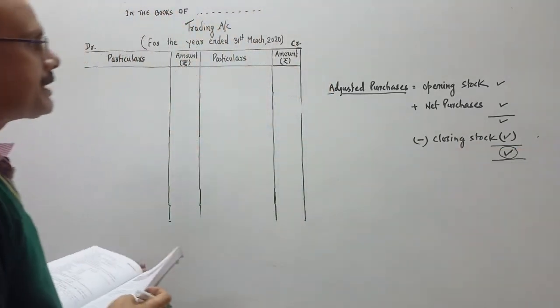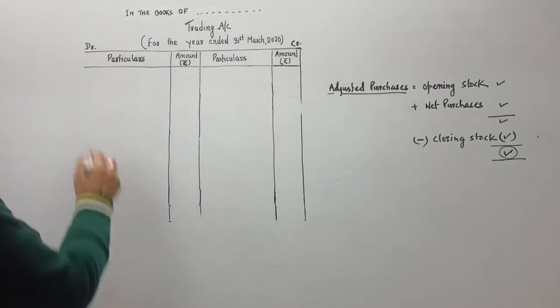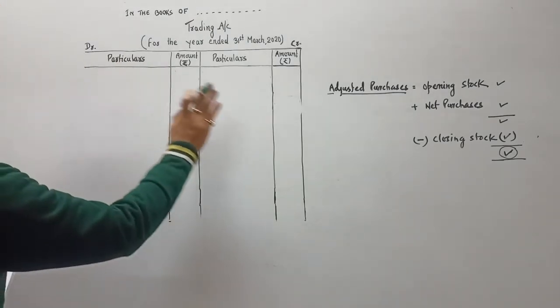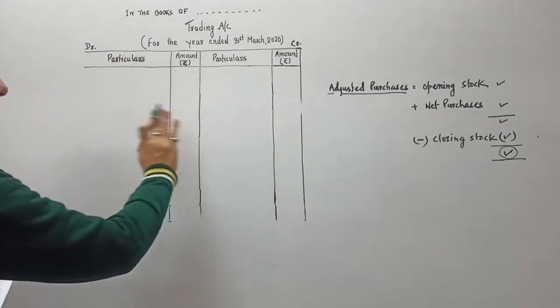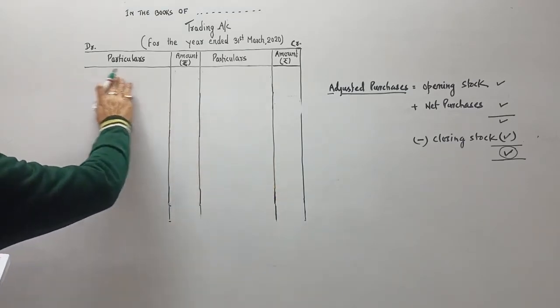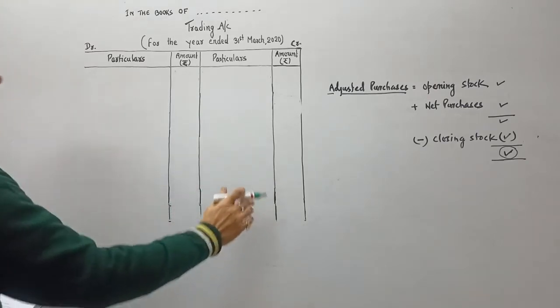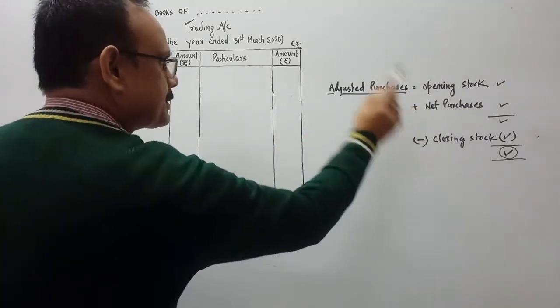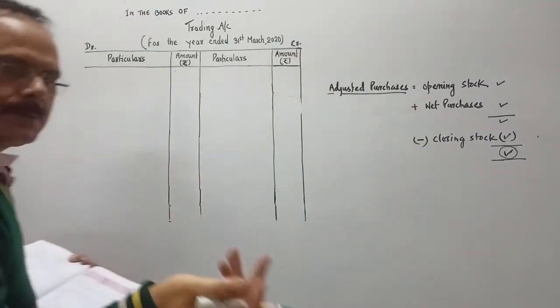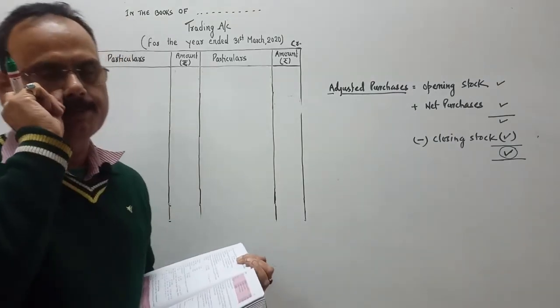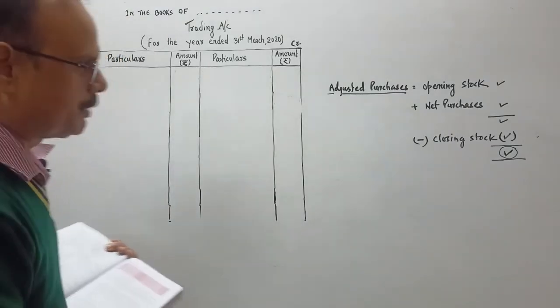So when adjusted purchase is given, we are not going to write the opening stock and closing stock, because it is already adjusted. Opening is added to purchase and closing stock is deducted from the total.